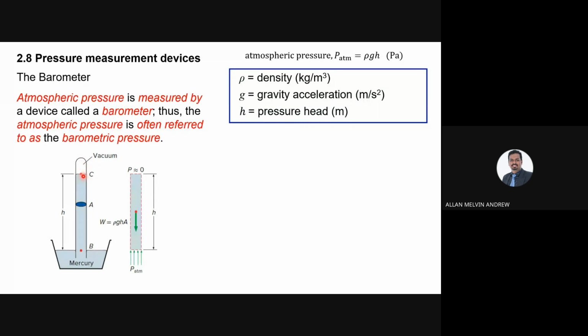So at C the pressure will be zero, and because of gravity we have weight in the molecules. At point B it will be atmospheric pressure because it is exposed to the surroundings. So the atmospheric pressure, P_atm, equals rho gh, for this case.